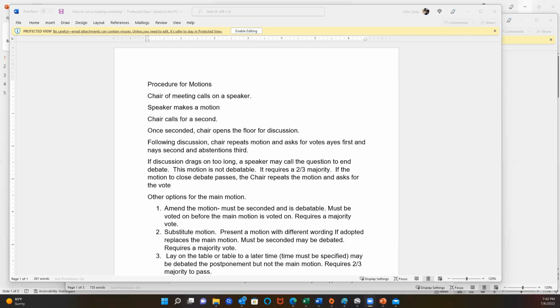Because of COVID, they had to add a section on electronic voting, because in order for it to be legal, your bylaws or your standing rules have to have something that says it's legal for you to do electronic voting, because there wasn't in anybody's rules before COVID, because we all met in person, and we didn't even have the internet.